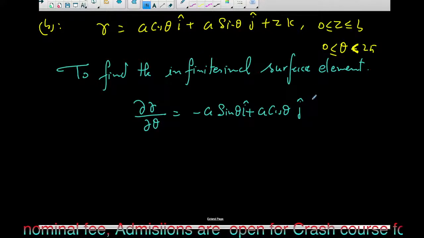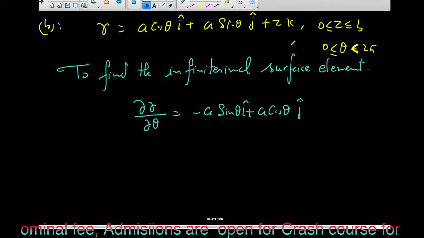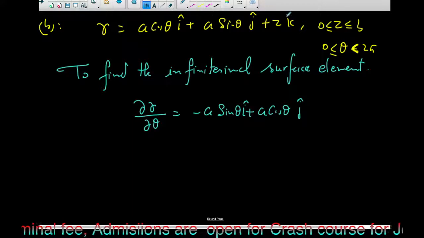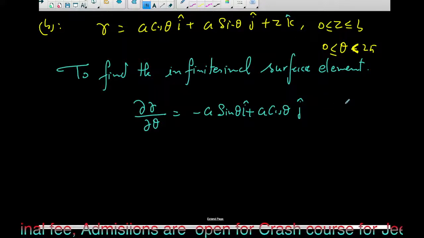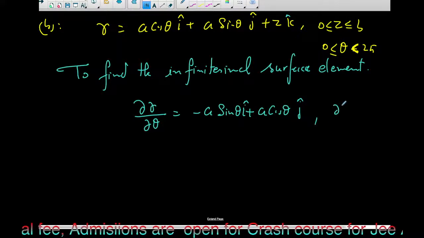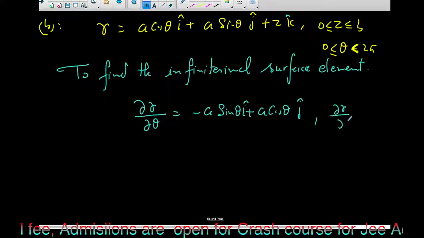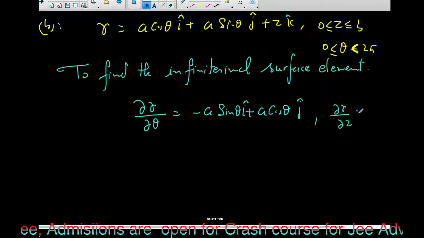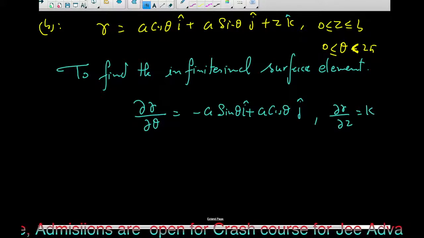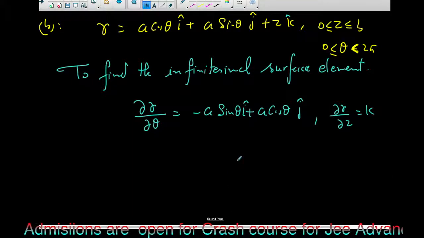Correct? And what about this one, z k, that is of course undoubtedly 0 over here. So what do you say about this one, del r by del z, that is a k. Are you getting?